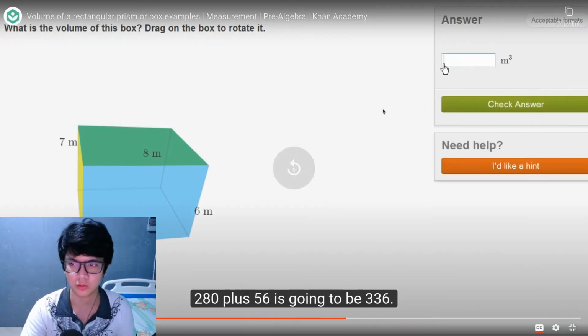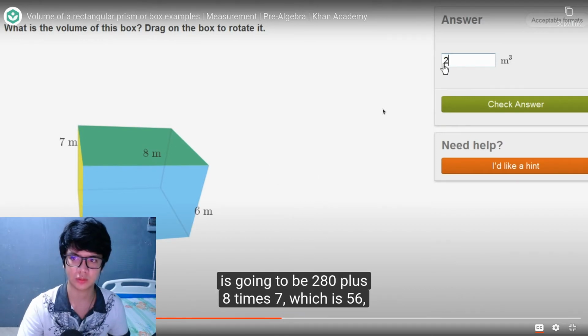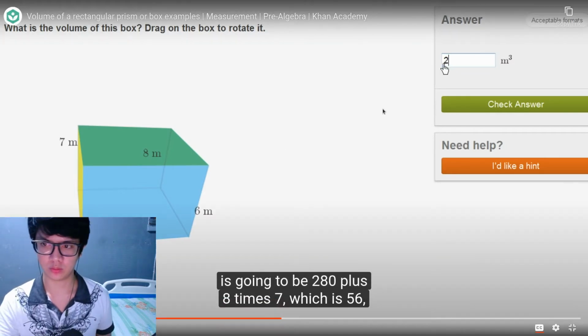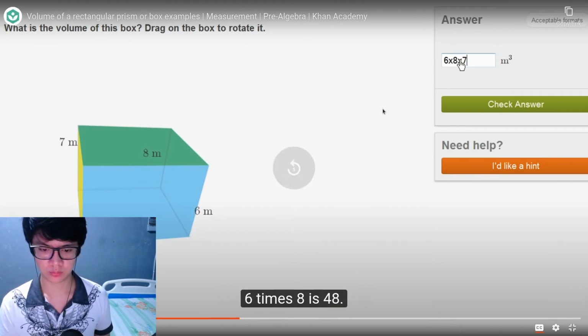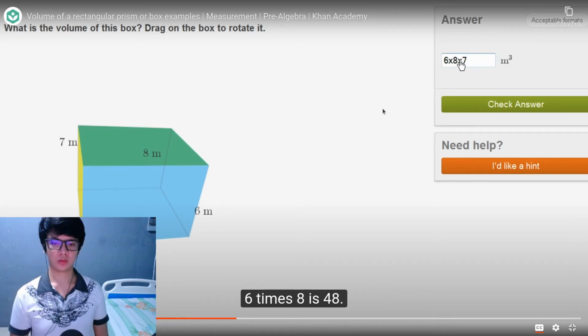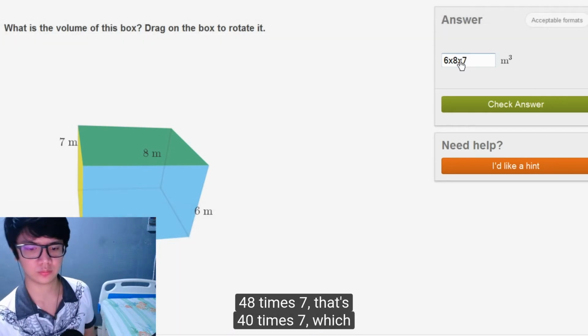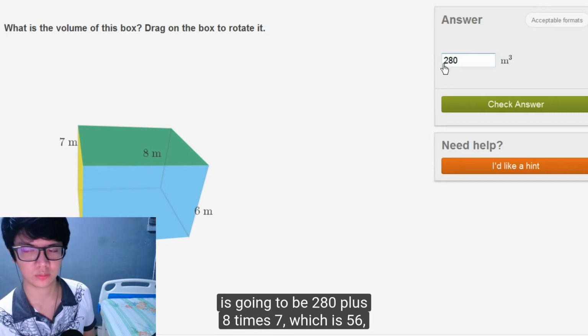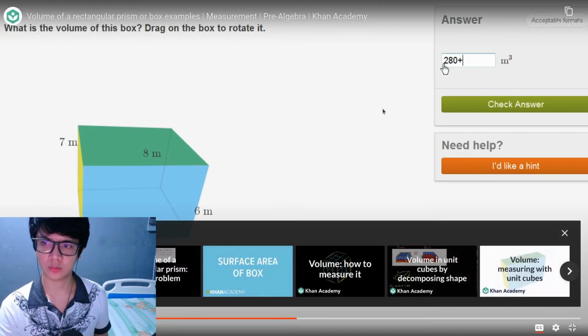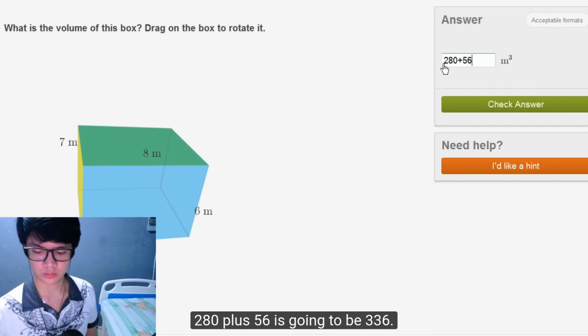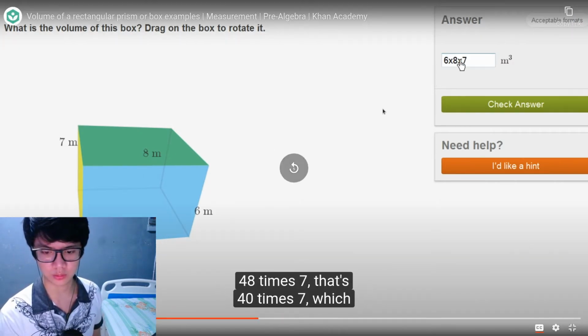Let's do one more. 6, which is going to be 280 plus 8 times 7, which is going to be 287. 8. Let me see if I can do this in my 6 times 8. Something in 8 is 48. Let me see if I can do this in my head. 48 times 7, that's 40 times 7, which is going to be 280, plus 8 times 7, which is 56. 280 plus 56, wow, that's insane. which is going to be 200 times 7.